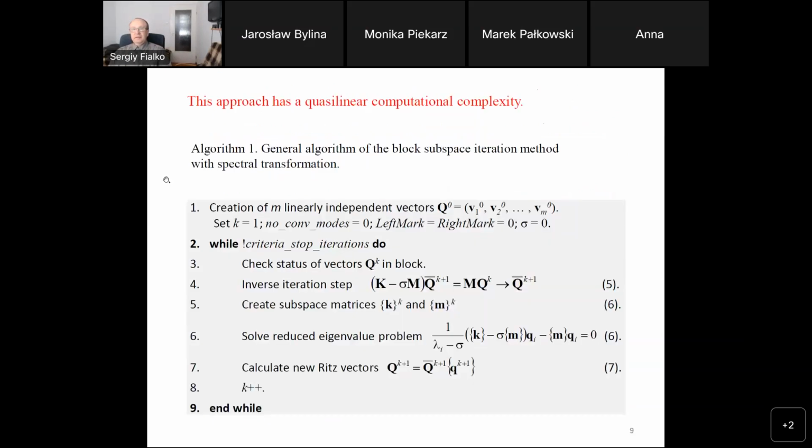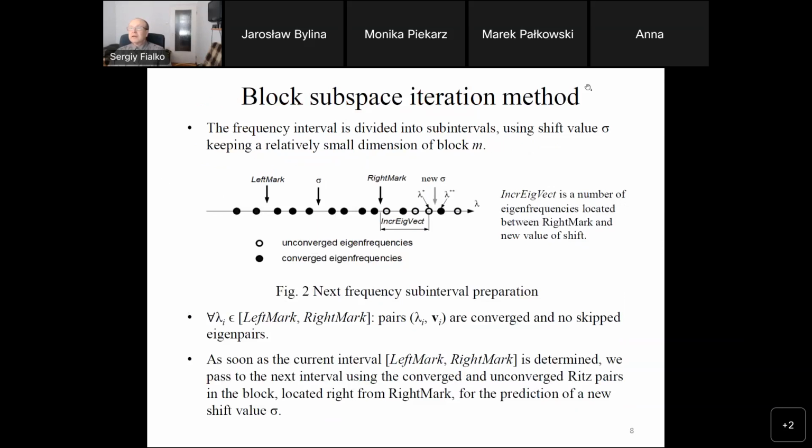In this method, the frequency interval is divided into subintervals using shift value sigma, keeping a relatively small dimension of block m. Here is presented the typical frequency interval, and for each lambda belonging to the interval left mark, right mark, the pairs lambda, v are convergent and there are no skipped eigenpairs.